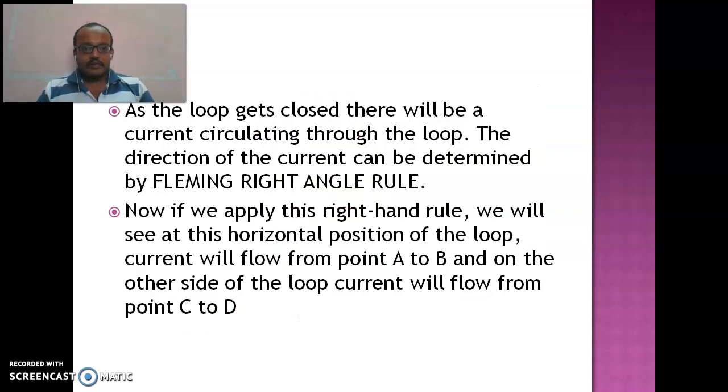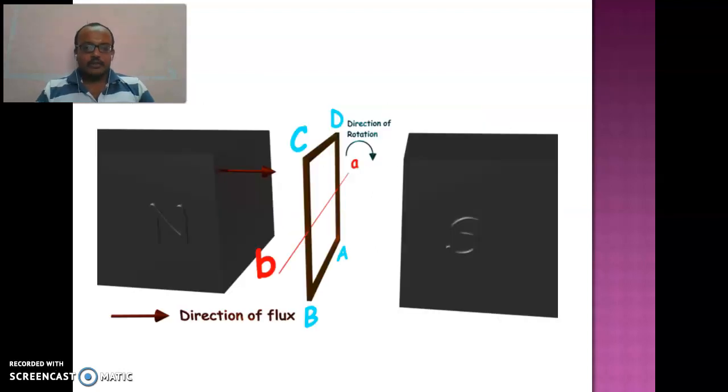As the loop gets closed, a current circulates through the loop. The direction of the current can be determined by Fleming's right hand rule, which we discussed in the previous topic. Applying it at this horizontal position, current will flow from A to B, and on the other side of the loop, from C to D.